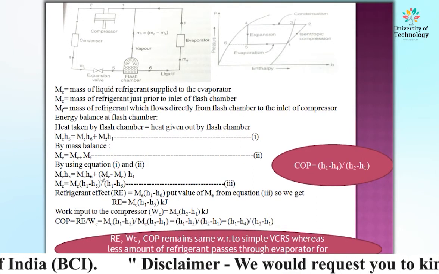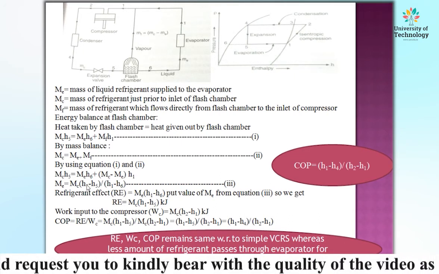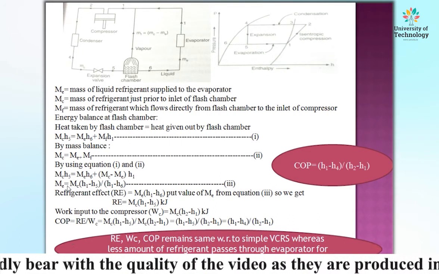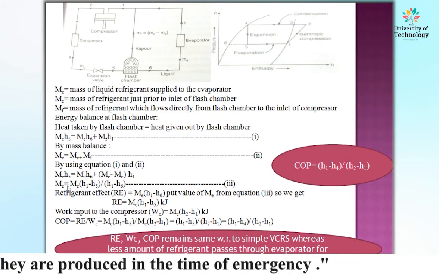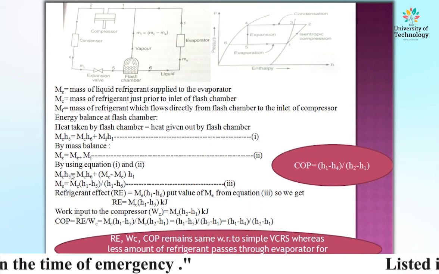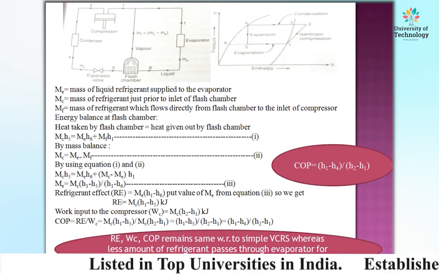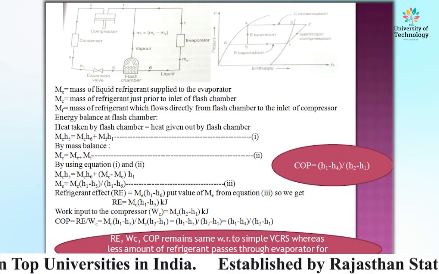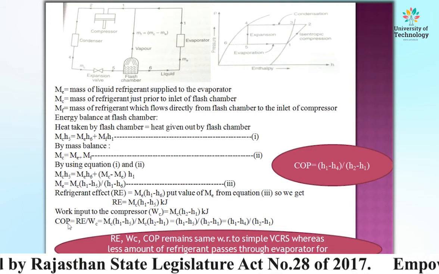Solve this equation. We get the mass of refrigerant that is supplied to the evaporator as, ME is equal to MC H1 minus H5 divided by H1 minus H6.